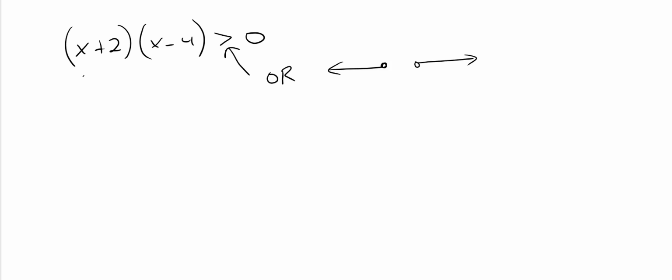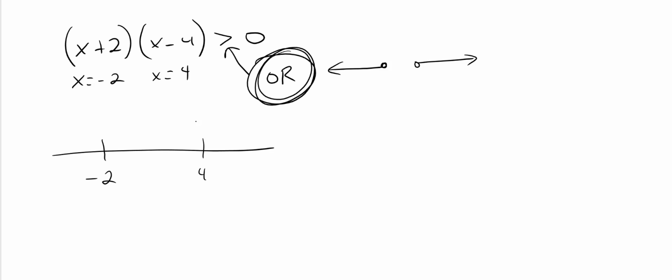So I'm going to solve for x. x equals negative 2, when you subtract 2. You guys are all good at that now. And x equals positive 4. What you're going to do is plot that on the number line: negative 2 and 4. You know it's an or problem. By the way, if it's a less than or greater than, remember that's an open dot.